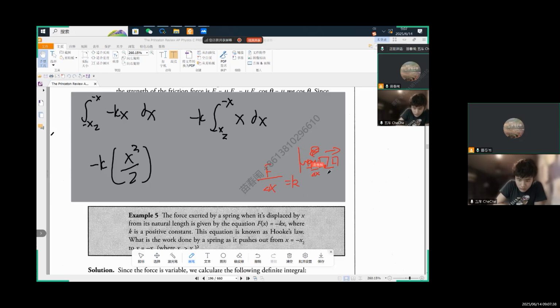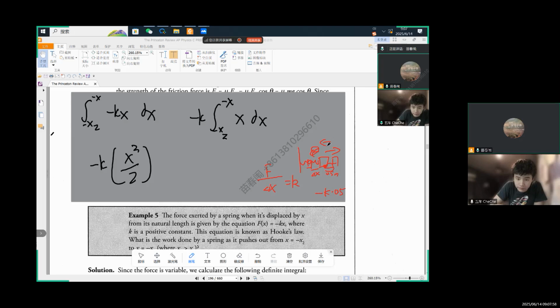Let's say this is 0.5 meter, so negative k times 0.5. This is a positive displacement, right? But the direction of the force is in that direction. So they're the opposite. That's why they write a negative.